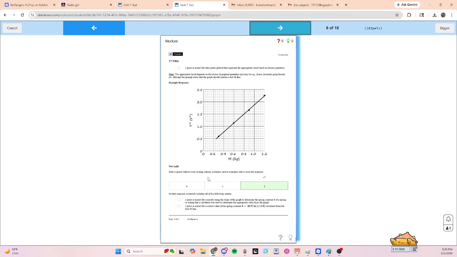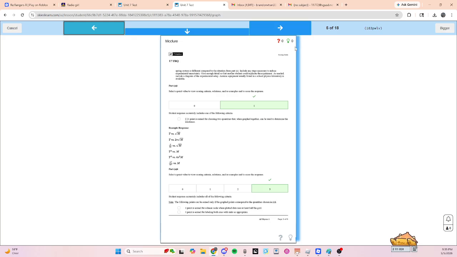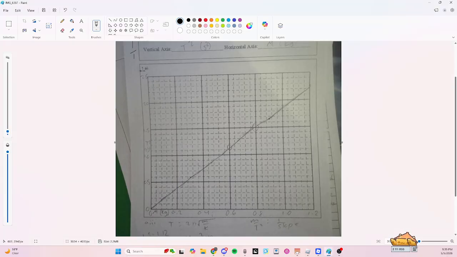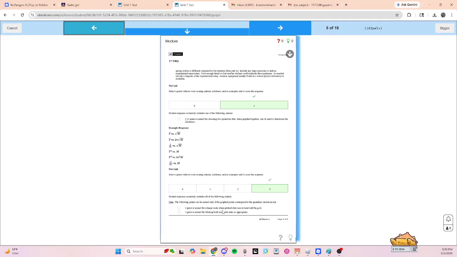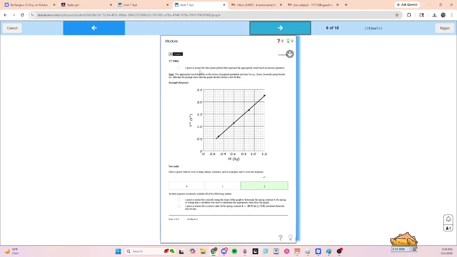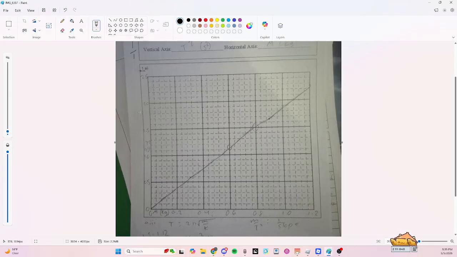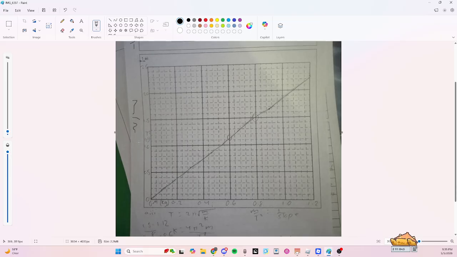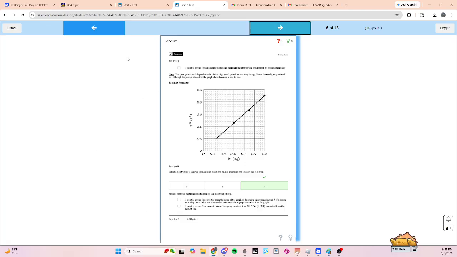I labeled my units, used a linear scale, used the whole grid, and drew a straight line. So that's 3 points.